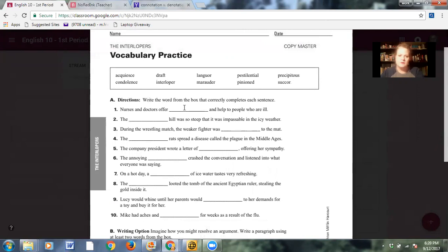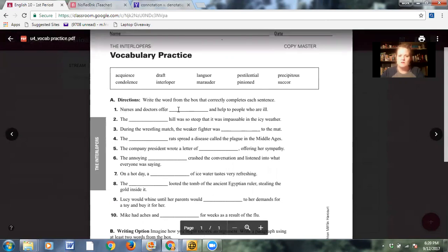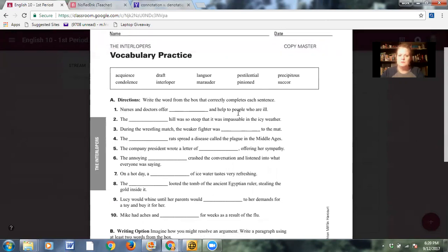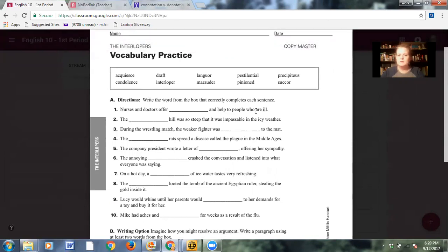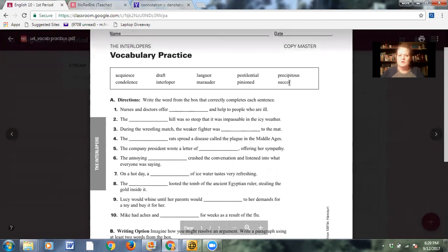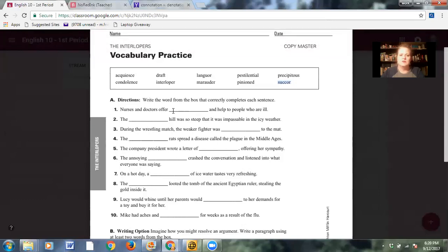Okay, simple fill in the blank with the correct word. Again, using context clues. Nurses and doctors offer blank and help to people who are ill. So the word I'm going to put is the word succor, which has to do with help.